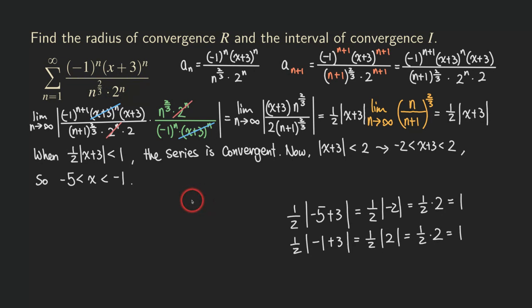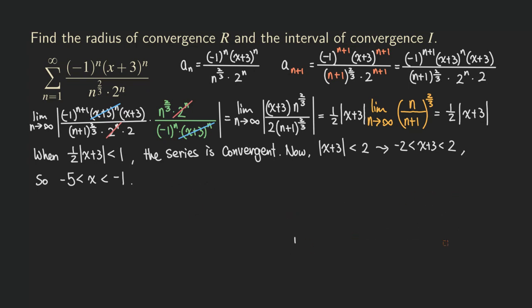So what can we say about the series when x is equal to negative 5 and negative 1? We need to plug those two numbers back into the original series and test whether it is convergent or divergent. Let's try that, and then we'll write down all the information that we need for this problem.